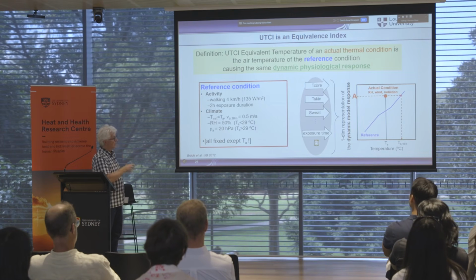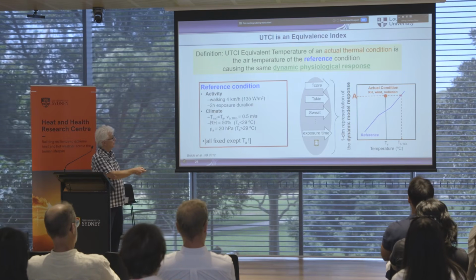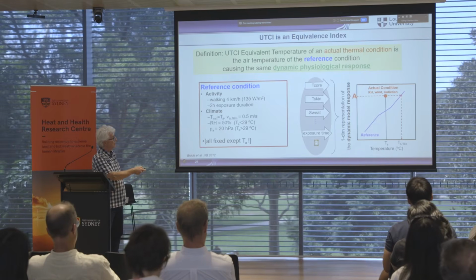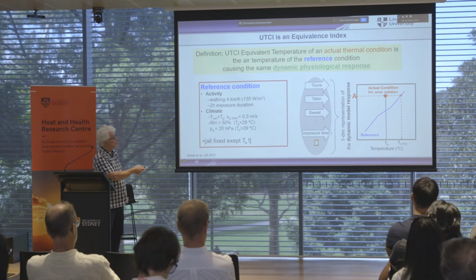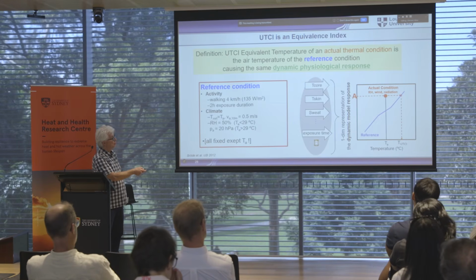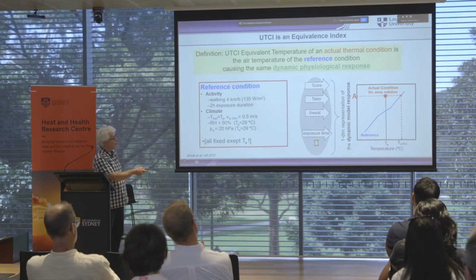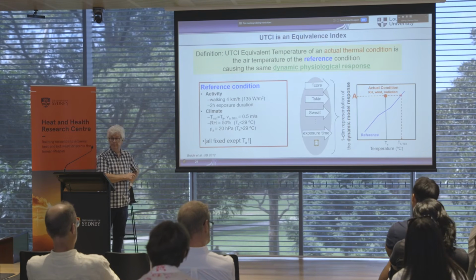Yeah, I always struggle a little bit to explain that, but you've got your real situation, you take the ambient temperature of that, you calculate with the UTCI model what the strain level would be, and then you look at the reference curve and find the point where you have the same strain level on the reference curve as you have in the real condition, and that gives you your UTCI temperature.